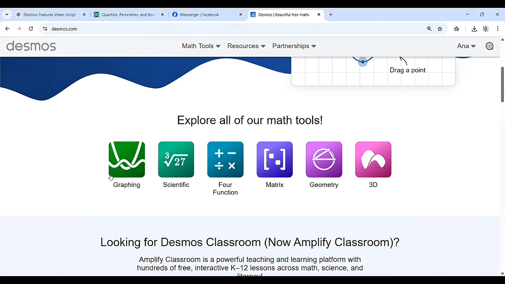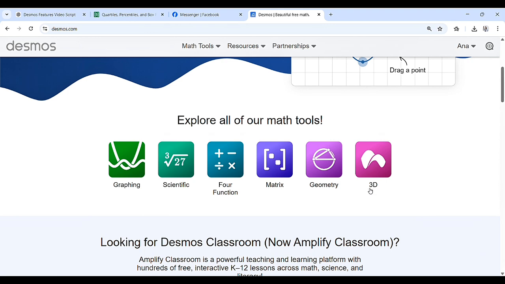I already logged in to my account within Desmos, so let's look at the features. The features are graphing calculator, scientific calculator, the four-function calculator, matrix, geometry, and 3D.